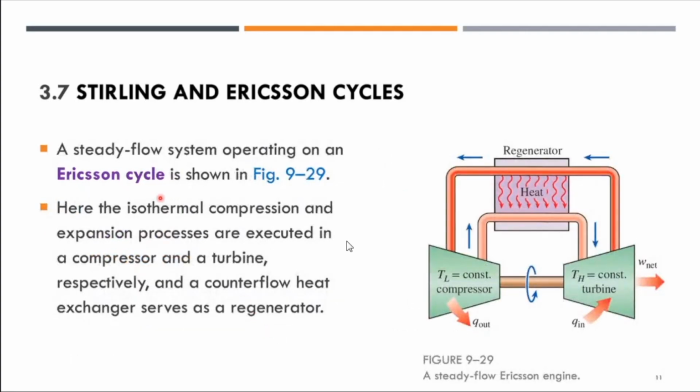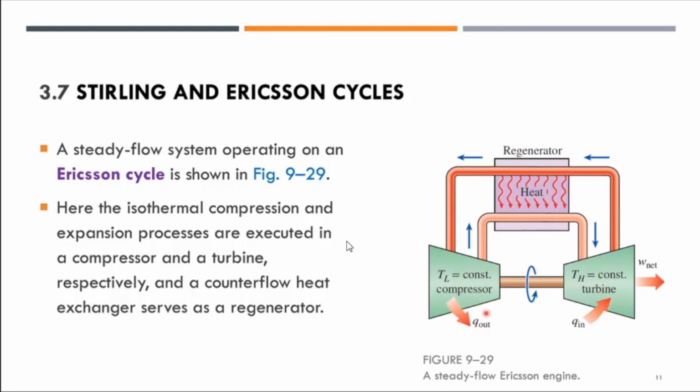For the Ericsson cycle, this schematic diagram shows a steady flow Ericsson cycle, where we have the isothermal compression in a compressor, and expansion occurs in the turbine. So you have the compressor over here, you have the turbine over here.